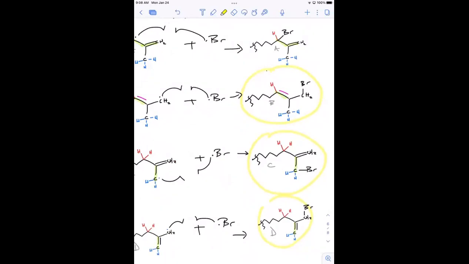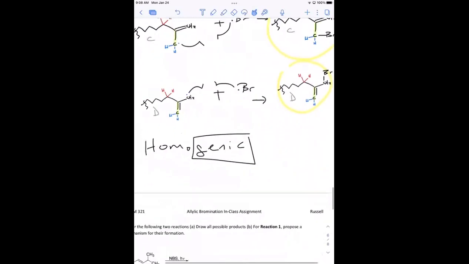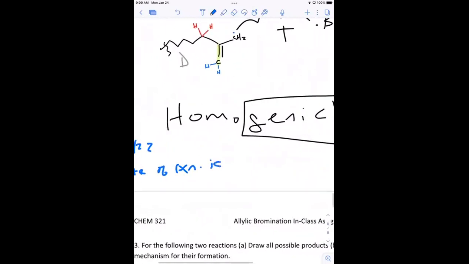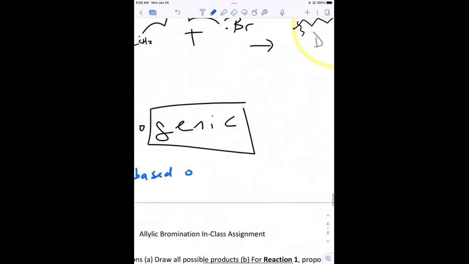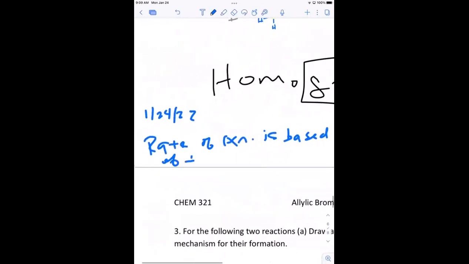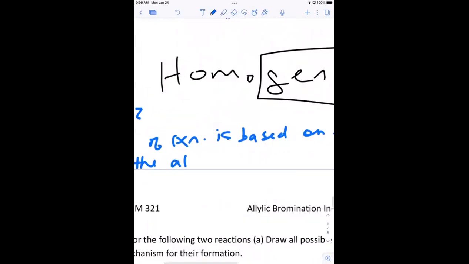So with allylic bromination, the rate of the reaction is based on the substitution of the allylic radical.